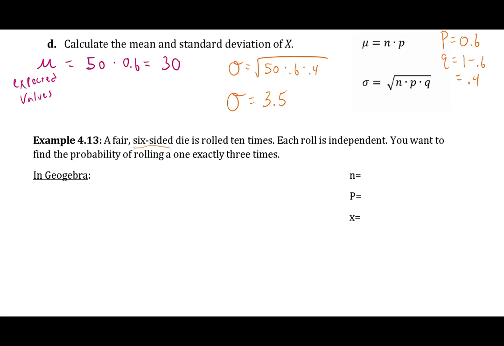However, it says you want to find the probability of rolling a 1 exactly 3 times. Since we are looking for a 1, this is what makes it a binomial, because our success is now being defined as rolling a 1.